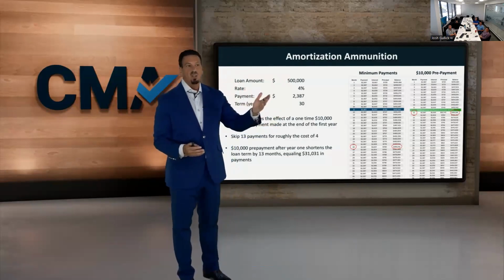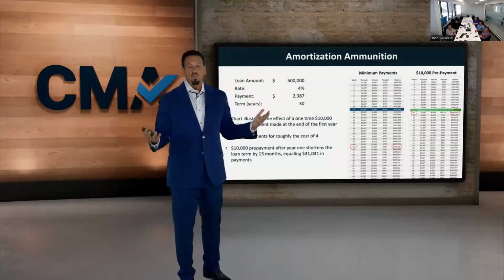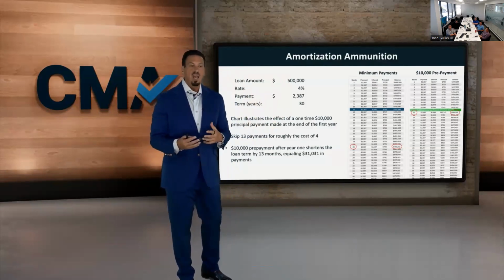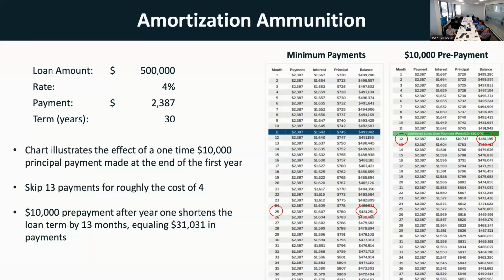Let's say that payment is almost $2,400, 4 payments would be a little short of $10,000. But for that $10,000, they're skipping 13 payments, what would be effectively worth 4. They would get the benefit of $31,000 by the end of the loan. They'd save 13 months worth of payments at the end of the loan.